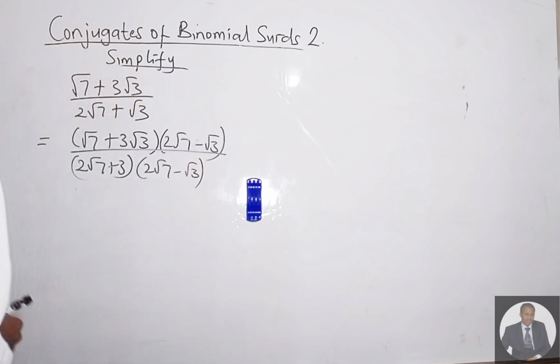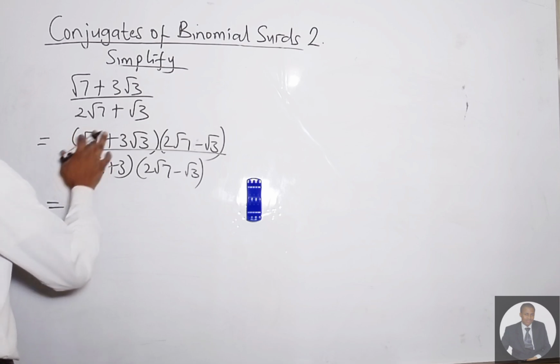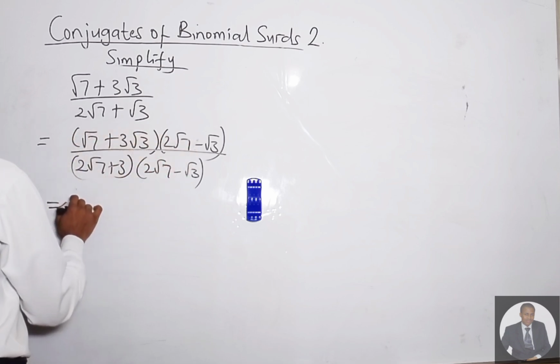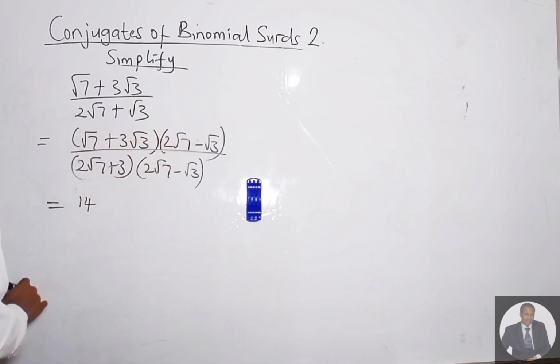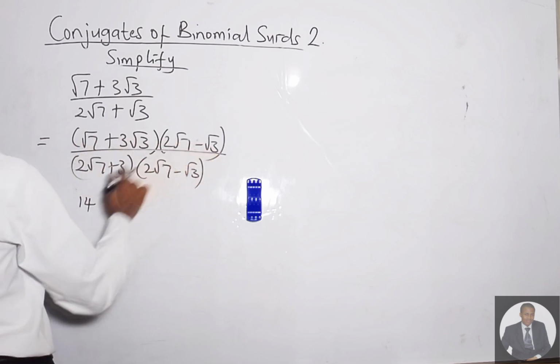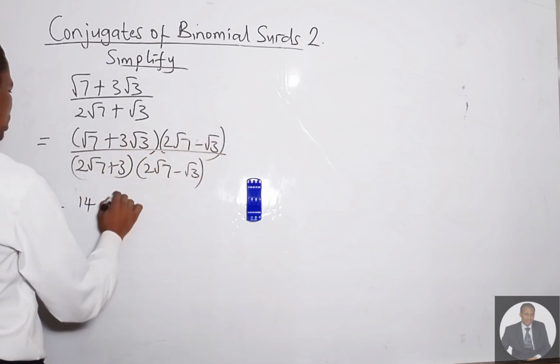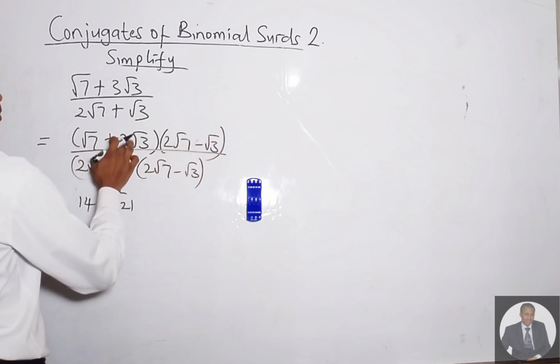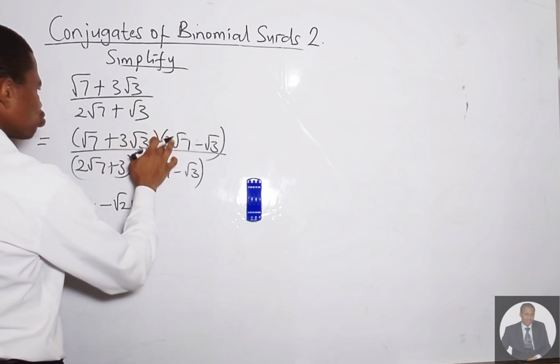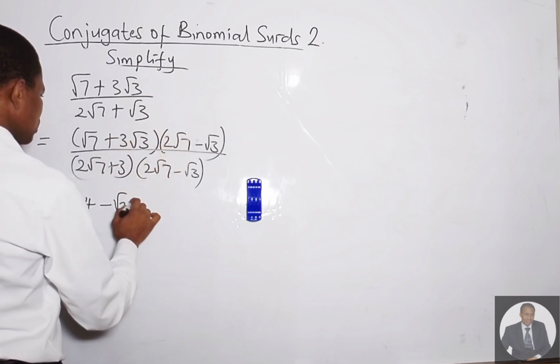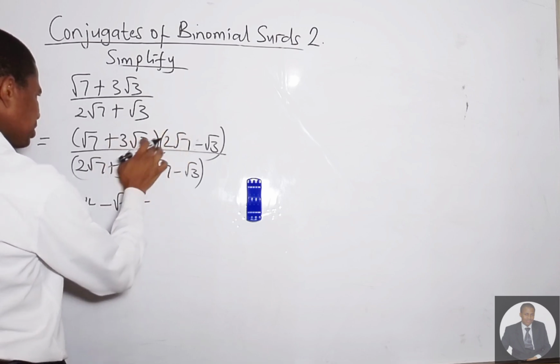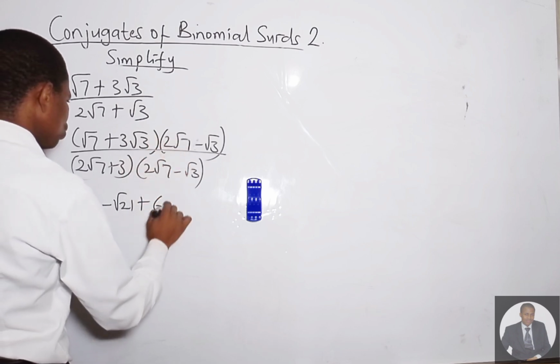So let's expand. Let's open the bracket. Root 7 times 2 root 7, that's 2 times 7, that's 14. Root 7 times minus root 3, that's minus root 21. Plus 3 root 3 times 2 root 7, that's 6 root 21.